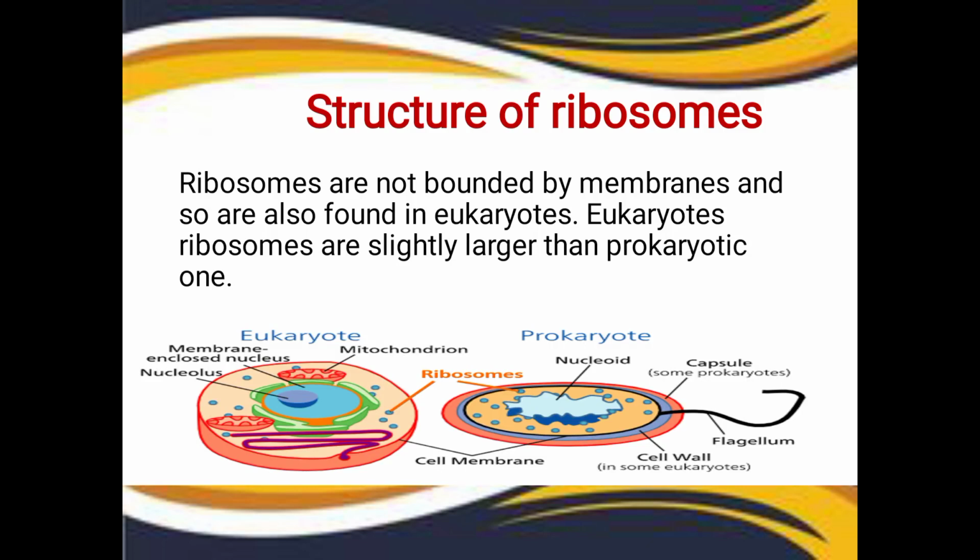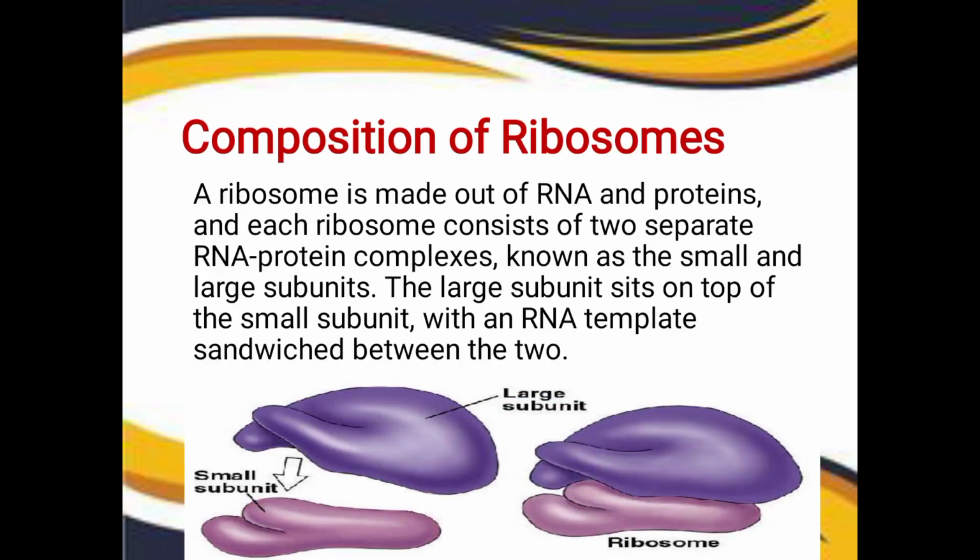Ribosomes are not bounded by membranes and so are also found in prokaryotes. Eukaryotic ribosomes are slightly larger than prokaryotic ones. Composition of ribosome. A ribosome is made out of RNA and proteins, and each ribosome consists of two separate RNA-protein complexes known as the smaller and larger subunits.